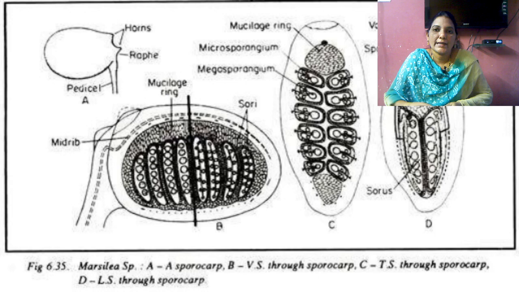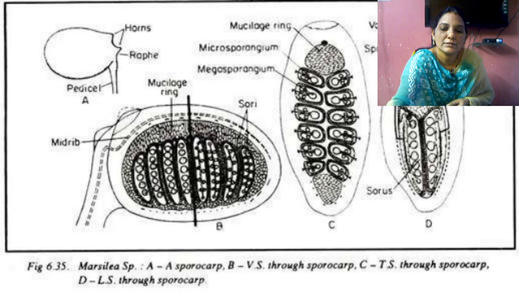In the middle of the sorus, sporangia are present: one macrosporangium, and two microsporangia are present below it, in between the sorus.